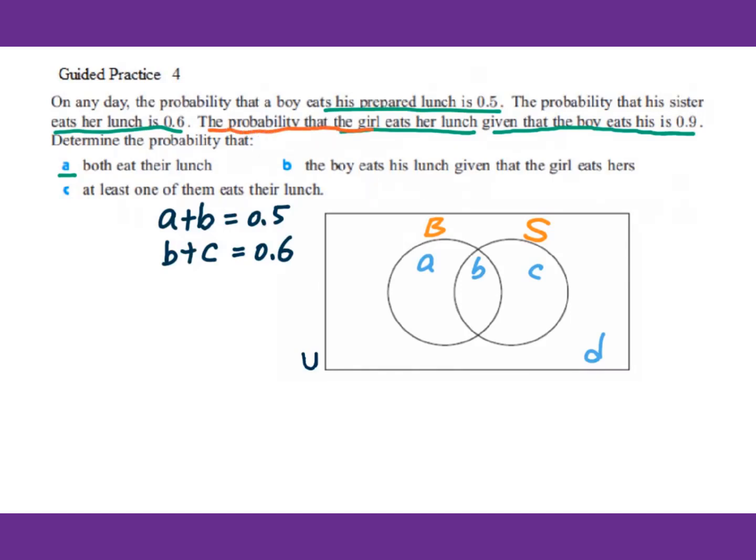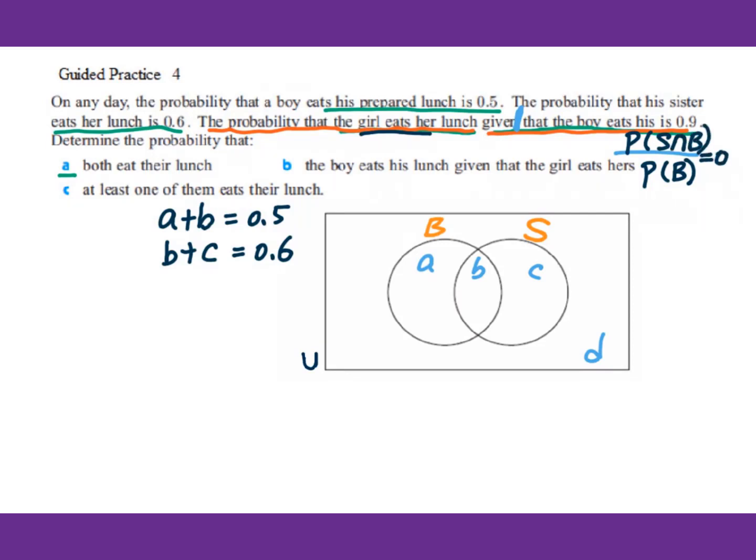The probability that the girl eats her lunch, given that the boy eats his, is 0.9. We can write down, given that will be the division line. So you will do the probability of the boy eating his lunch as the denominator. On the top, the girl eats her lunch, so we do the sister intersect the boy.